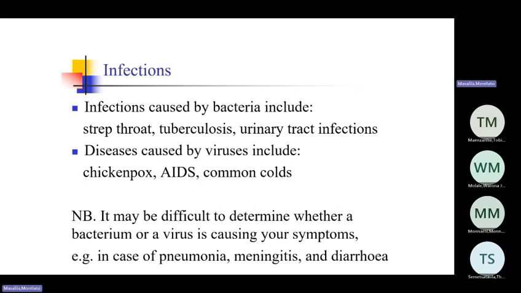So infections, we have infections caused by bacteria, such as TB, urinary tract infections. Others affect chickens and other animals. You need to know infections which can affect cattle and chickens, so that you are on the safe side in multiple choice.